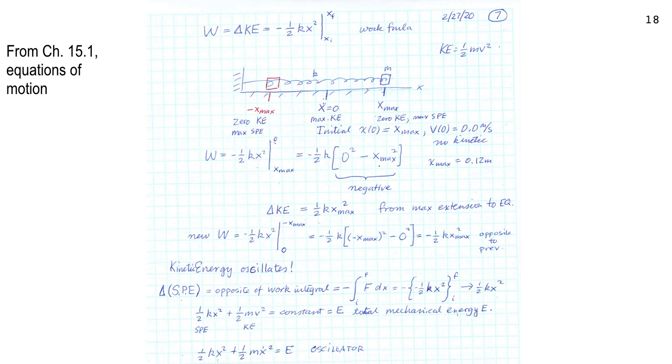So let's do a new problem. Minus 1/2 kx squared. And let's start at equilibrium. And we'll go out to minus x max. And so that's going to be equal to minus 1/2 k. All right. So then I go minus x max quantity squared, right?